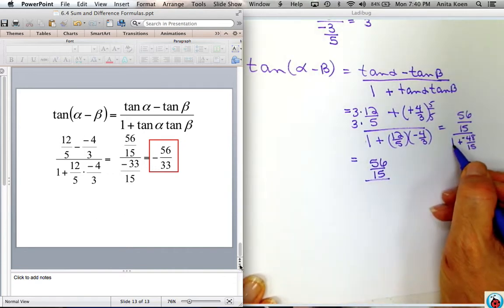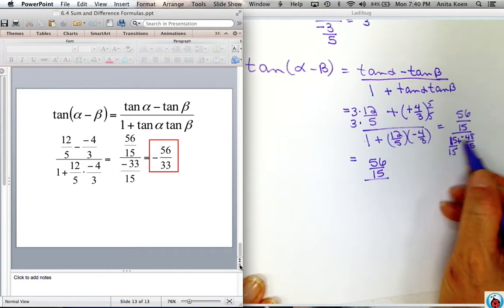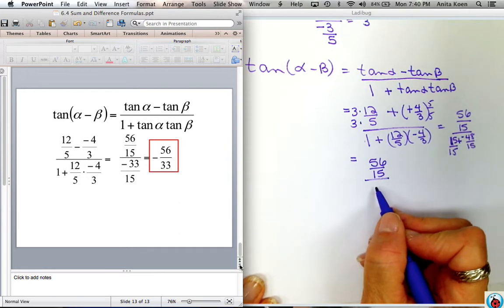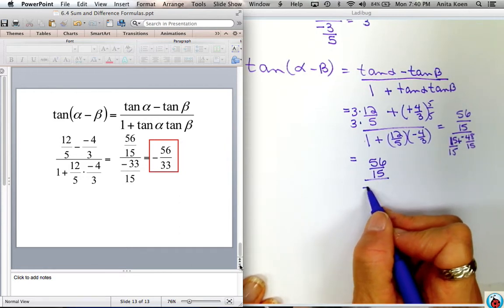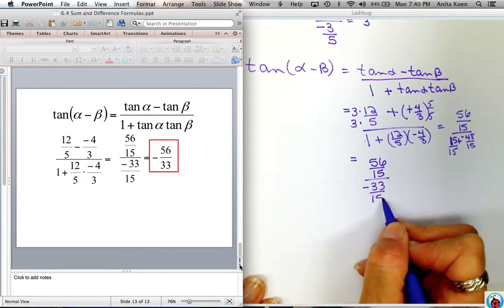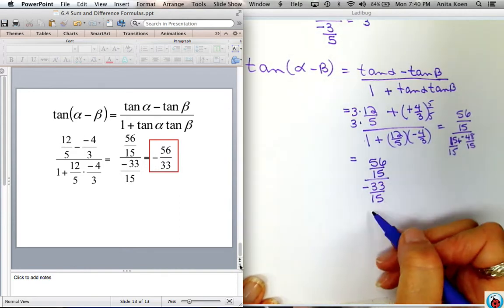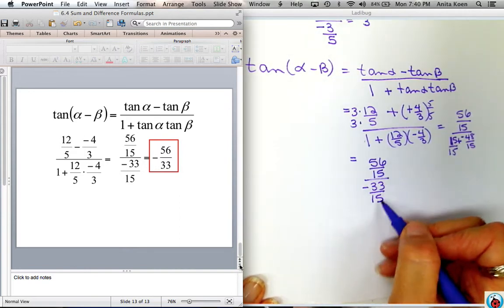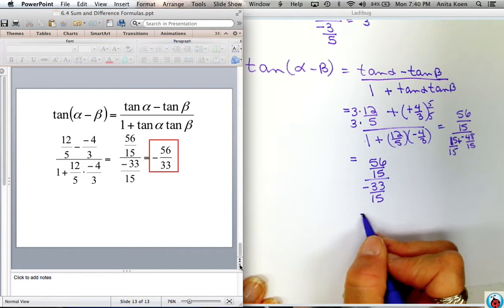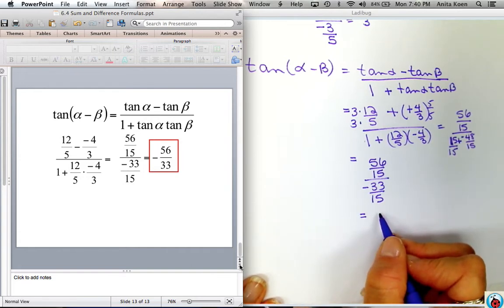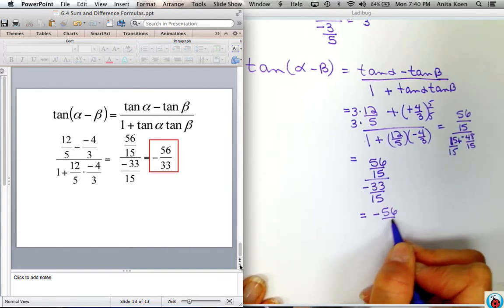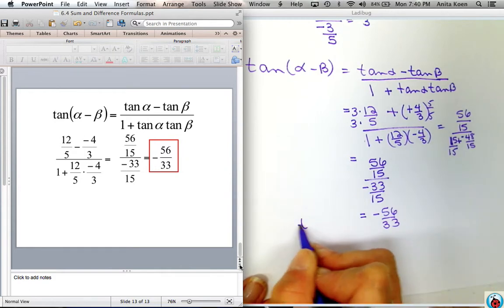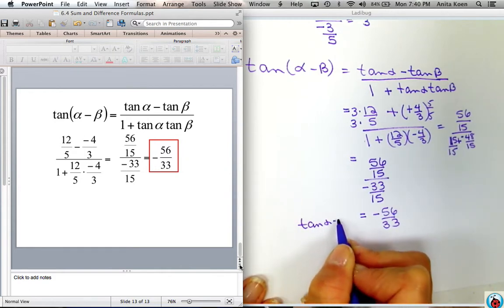And if I think of this 1 as 15 over 15, negative 48 plus 15 is negative 33 over 15. And then my 15s cancel when I invert and multiply, so that I end up with negative 56 over 33 for my tangent of alpha minus beta.